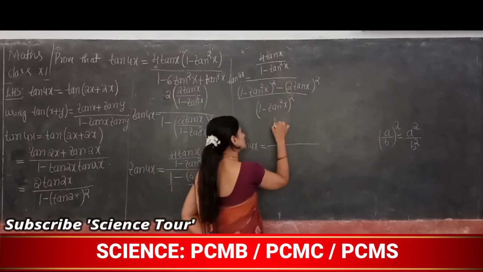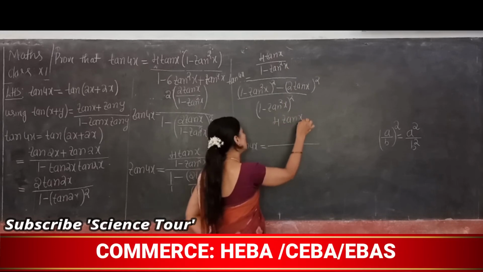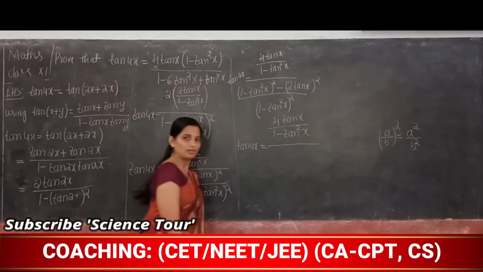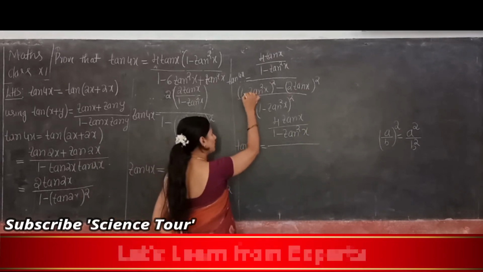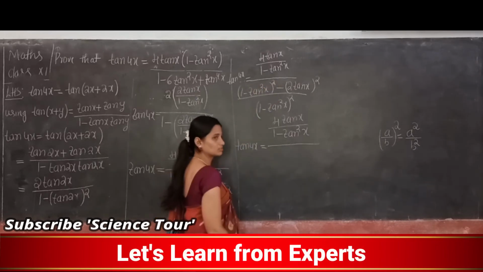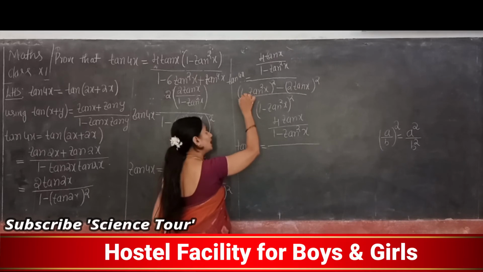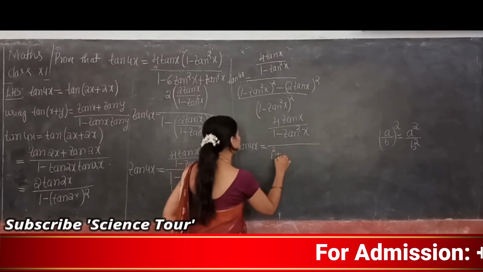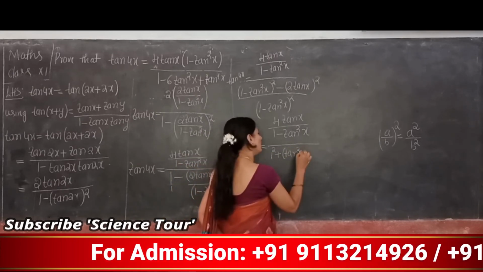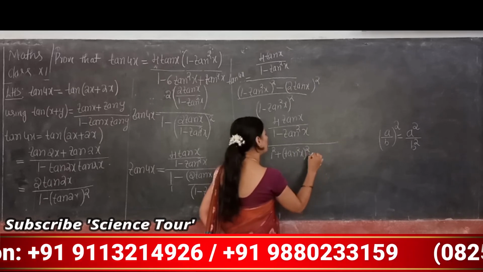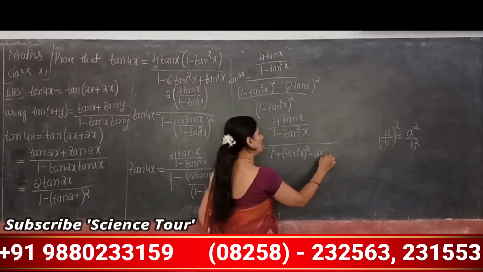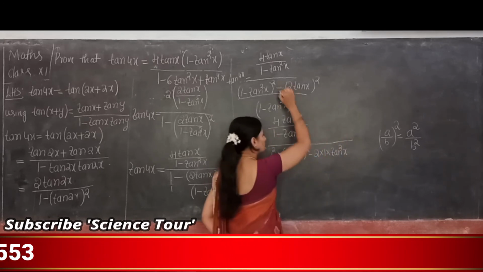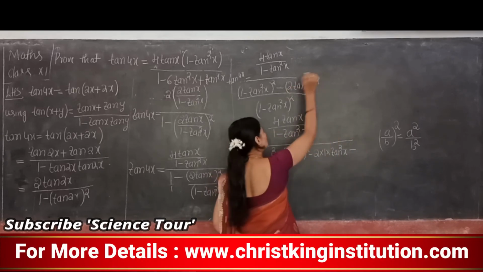Now tan 4x is equal to the numerator, 4 tan x divided by 1 minus tan square x, and see here the denominator is (1 minus tan square x) whole square. It is in the form of (a minus b) whole square, which is a square plus b square minus 2ab. B square is tan square whole square, minus 2 into a into b is tan square x. Next, minus (2 tan x) whole square.